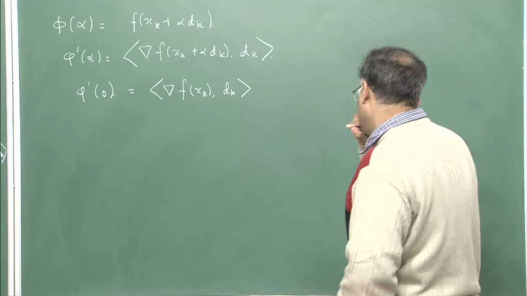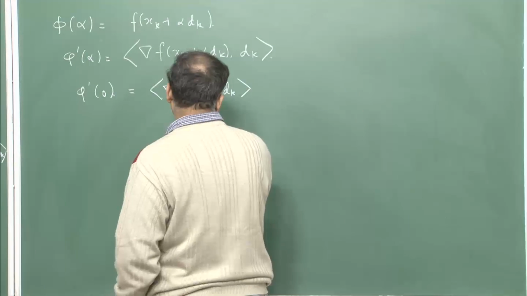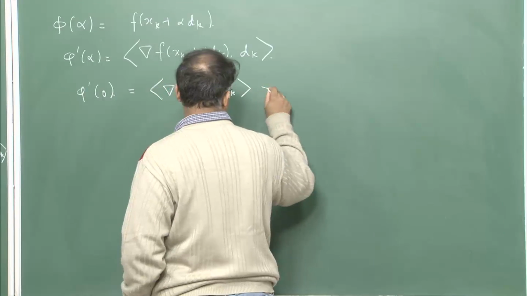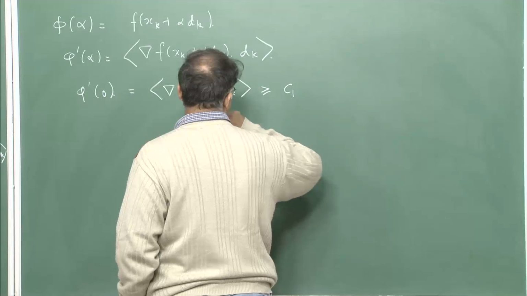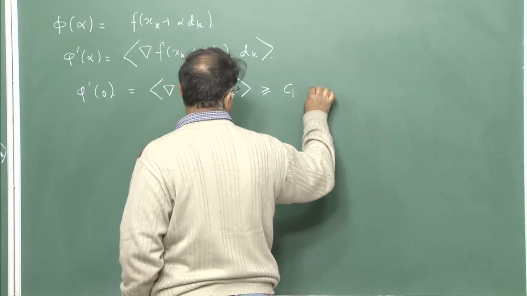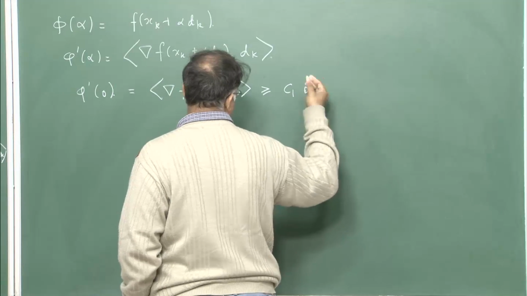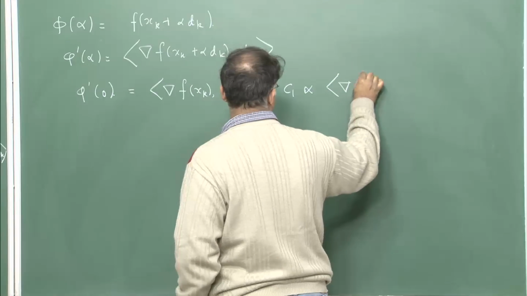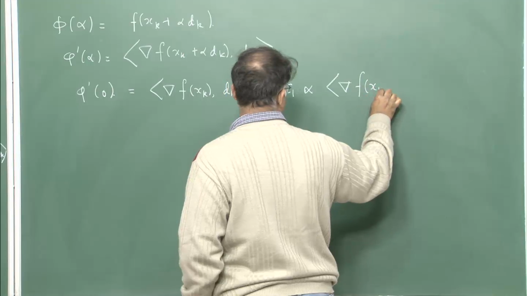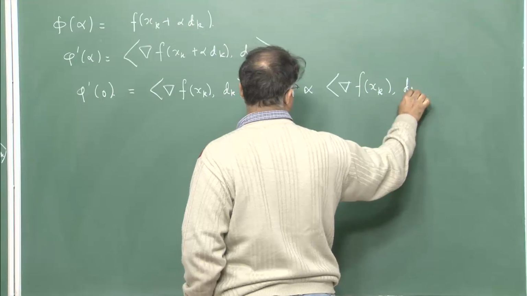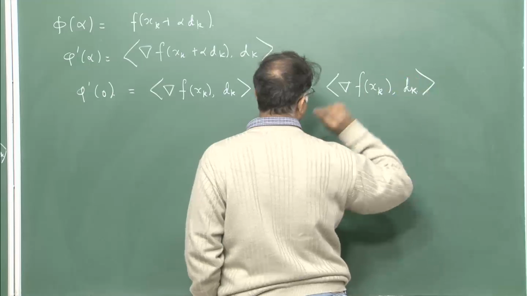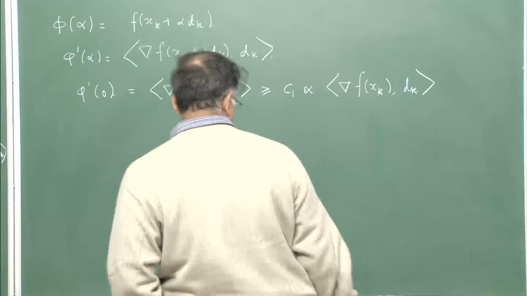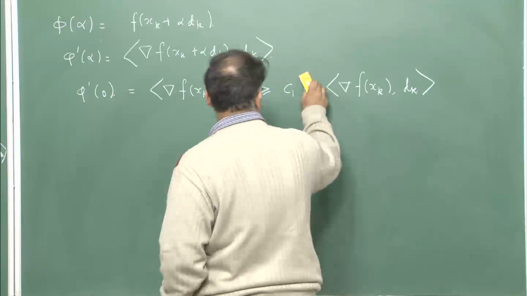Basically then, because C1 is less than 1, this is bigger than C1 times, say, alpha times, there is some alpha, sorry, I would rather say this C1 into.